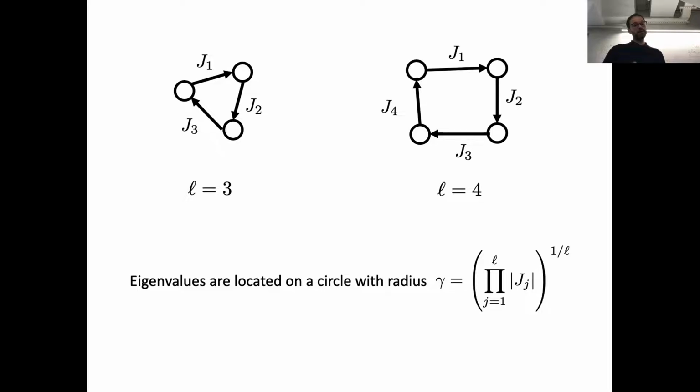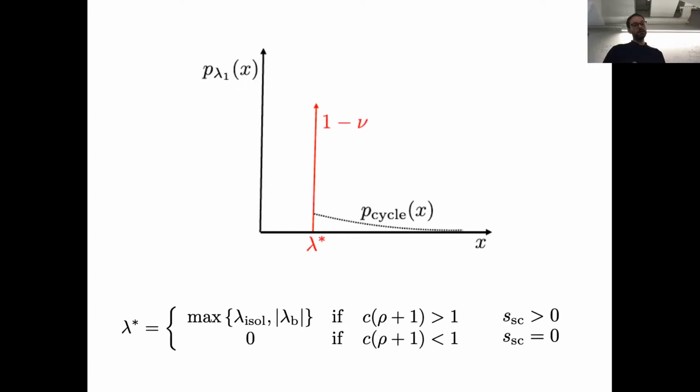So they must exist in certain random realizations. So the more correct picture is the following. This value lambda star we determined before, but there is this glitch that if there are strong enough cycles in a network, then they will generate a larger eigenvalue.